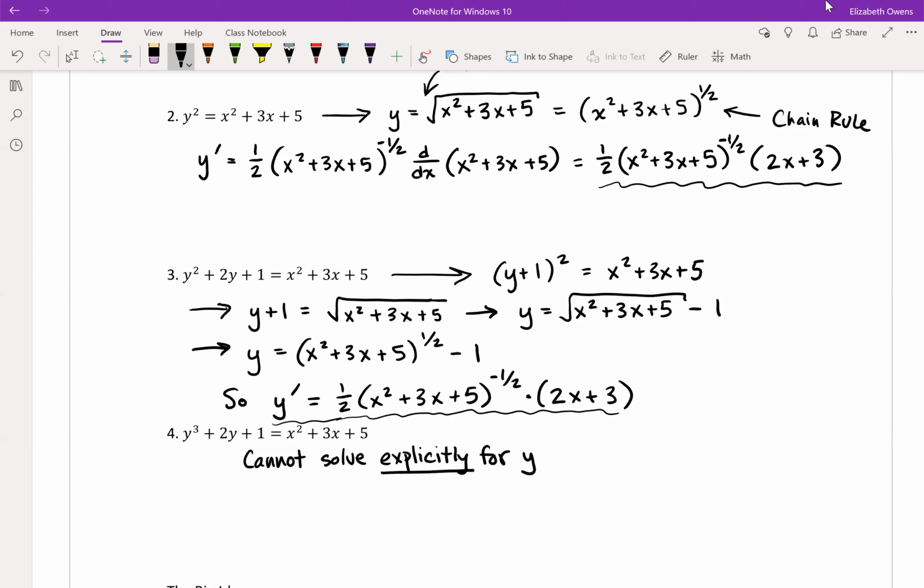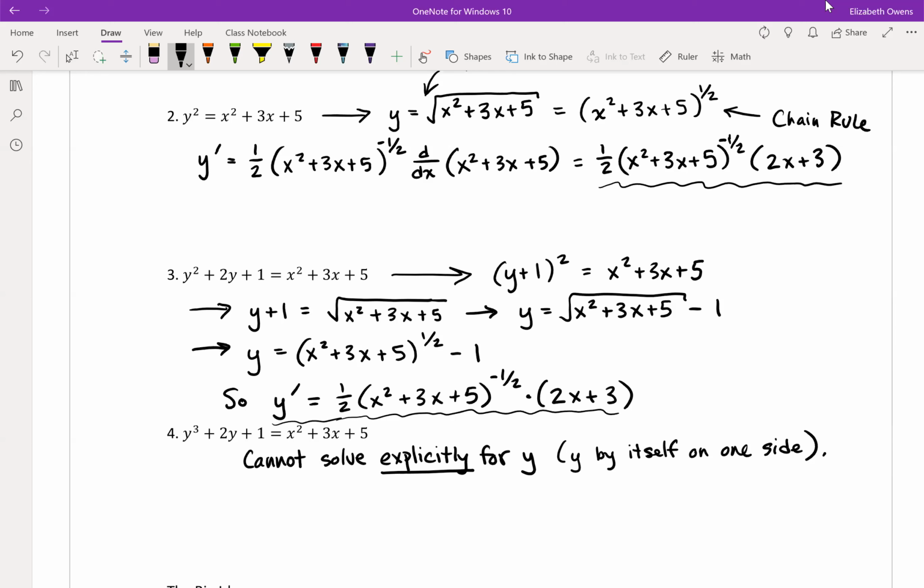This is not explicit content. Explicitly just means we can't get y by itself on one side of the equation. So y by itself on one side. Okay, that's what an explicit solution for y would be.